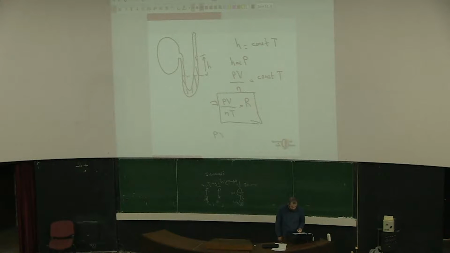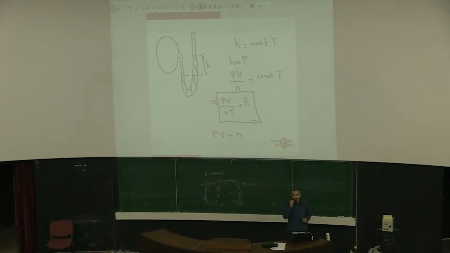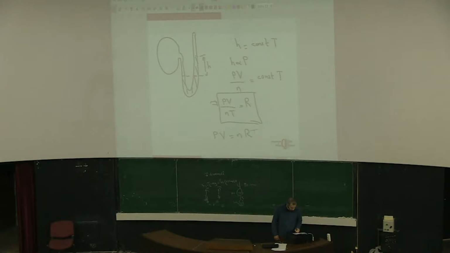The pressure of an ideal gas times the volume is always equal to the amount of gas you have in moles times R times T.